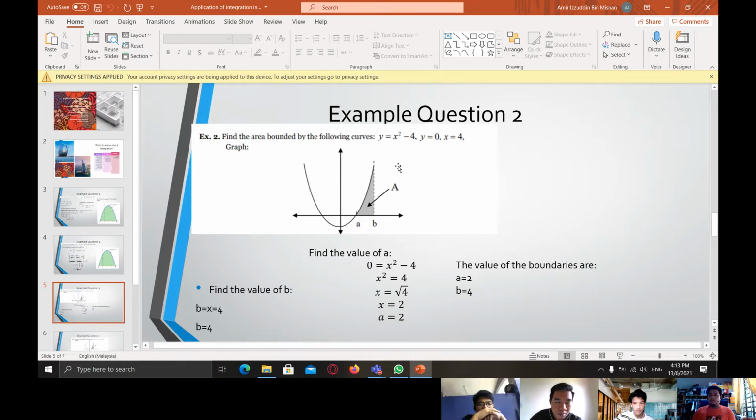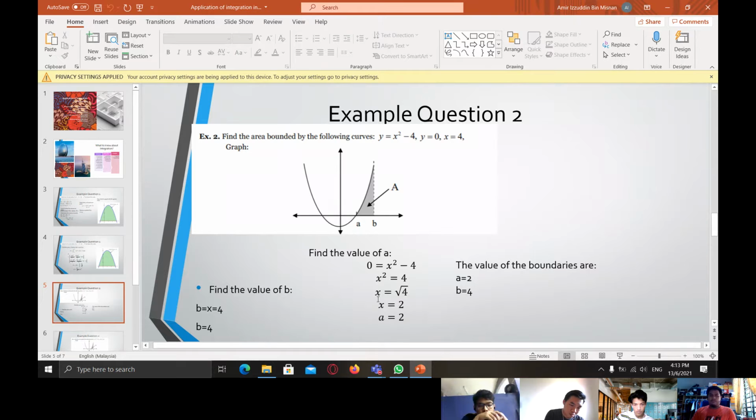So we will find the area that is bounded by these boundaries. For the first step, we are going to find boundary A first. We set y equal to 0, so the function will be 0 equals x squared minus 4. We turn that into x squared equals positive 4.